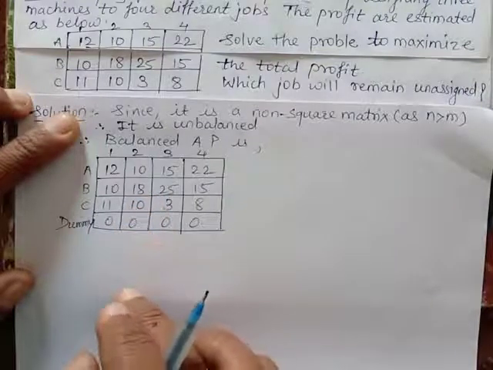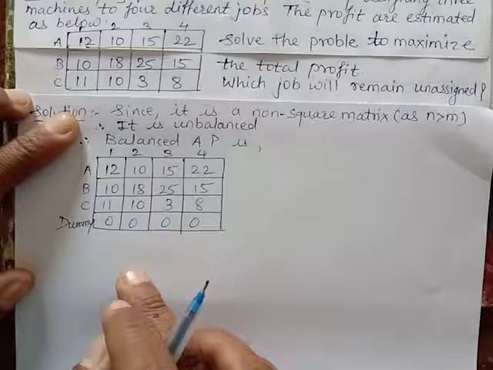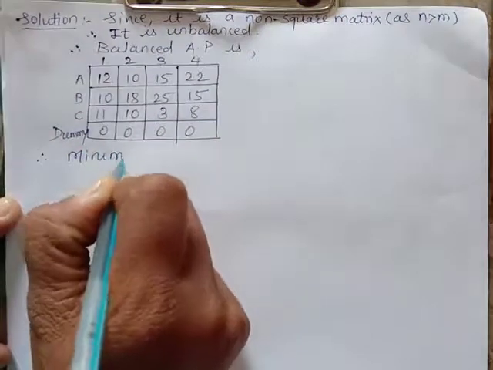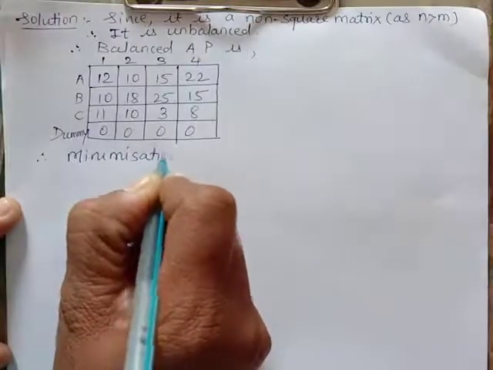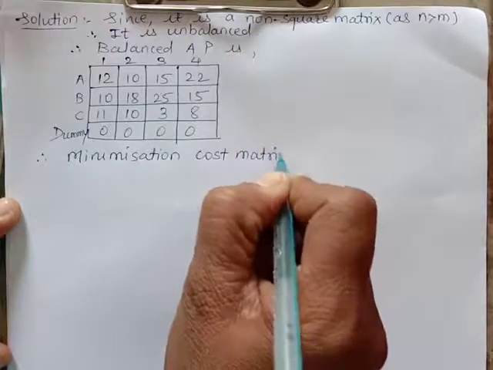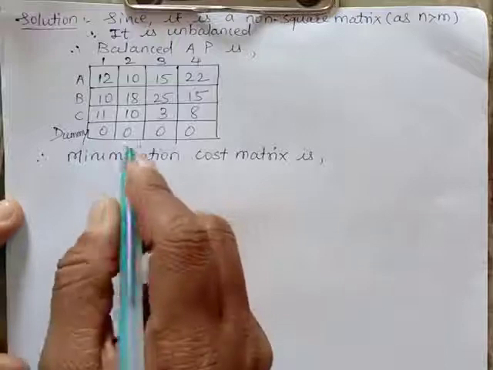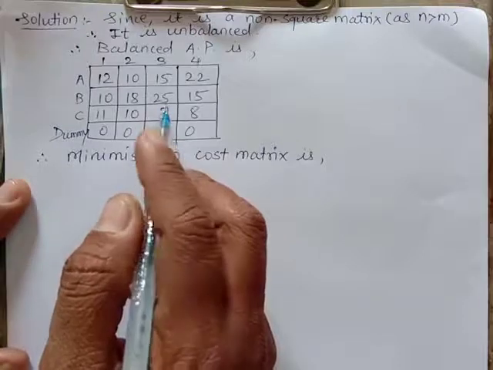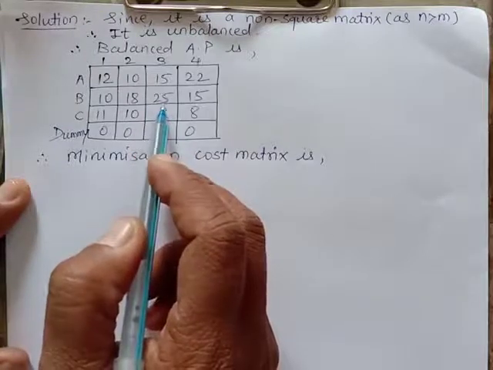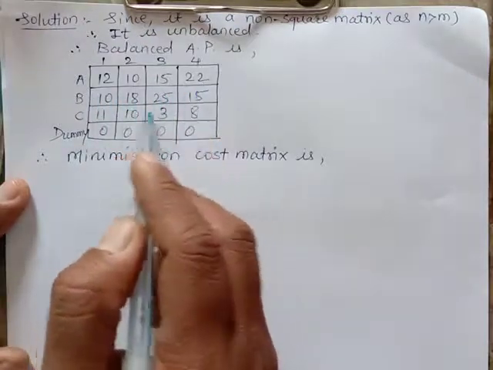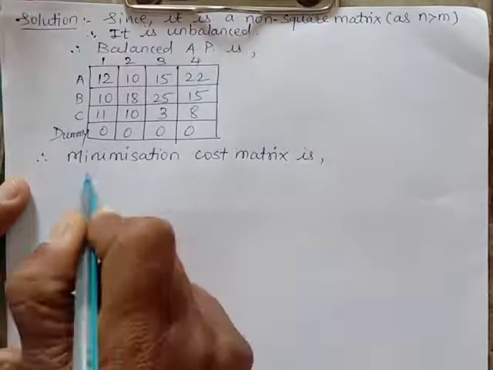So this is our balanced problem, but it is of maximization type. So let's obtain the minimization type of cost matrix for solving this assignment problem. For that, we have to subtract each and every value from the highest value. The highest value is 25 in all these. We will subtract each and every value from 25, just like a transportation problem.